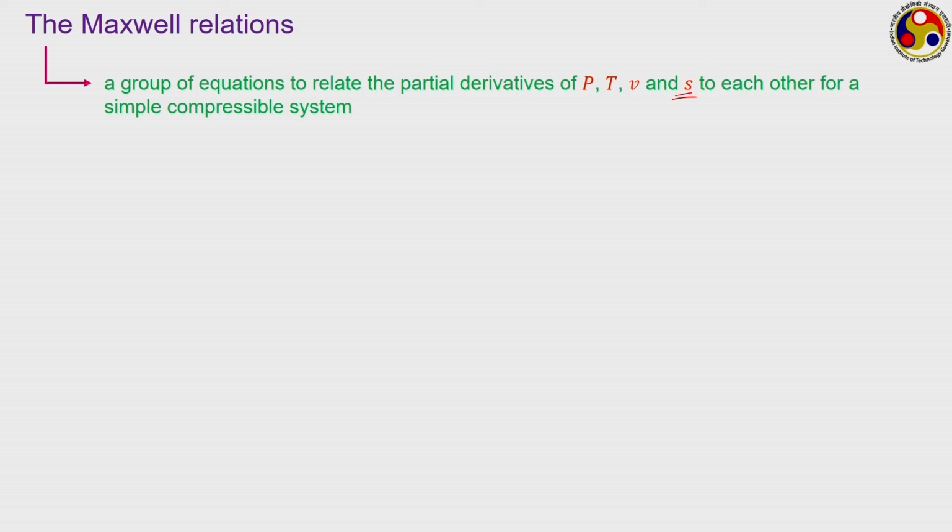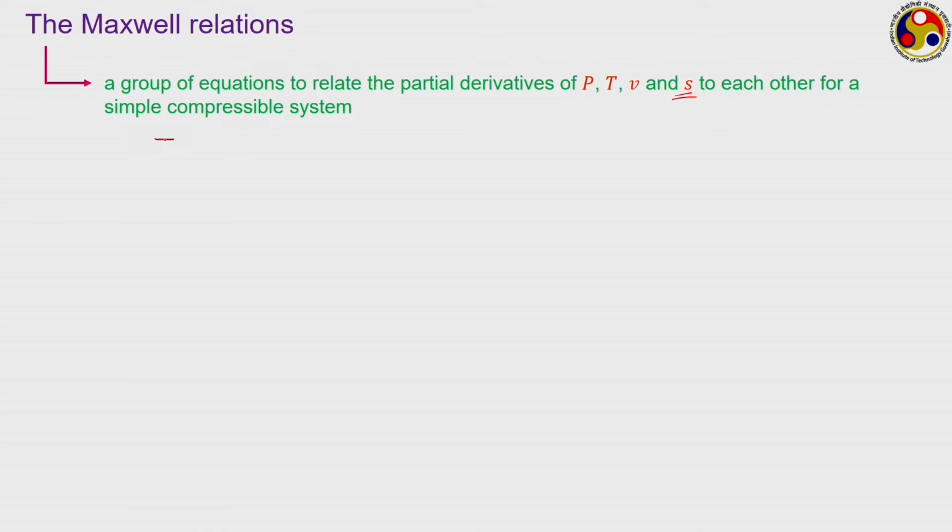And to develop the Maxwell's relations, there will be four equations that we are going to develop. We have to make use of the four thermodynamic potentials that I mentioned in the previous slide. Now, what was the first thermodynamic potential? That was U. Now, I would like to take you back to the third lecture of this course, where we developed a couple of TdS relations. Do you remember those TdS relations, or so-called Gibbs equations? I hope you remember.